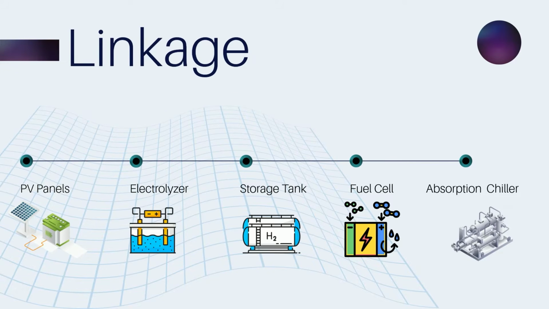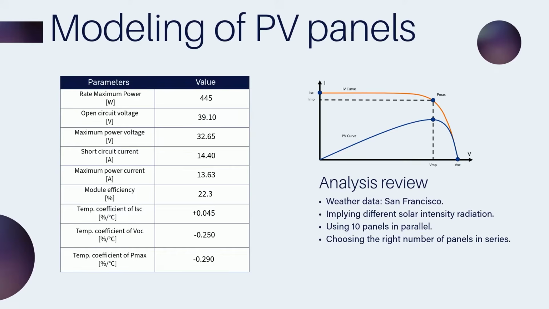Now this fuel cell can provide electricity, and the required amount of electricity, which is about 14 kilowatts, which is equivalent to 2 tons of refrigeration as a capacity to supply the need of an absorption chiller system. So let's move on with each of the components first, have a basic concept study, and then we will bring all these together. So moving on to the modeling of PV panels.